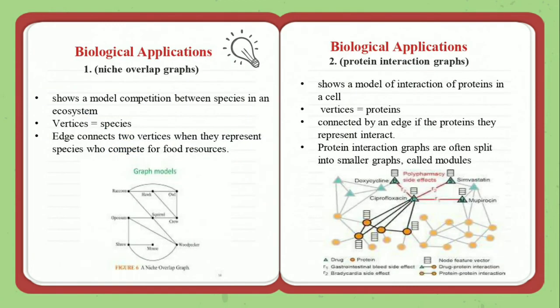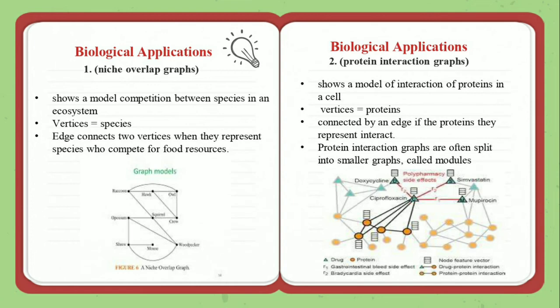Okay, so I will proceed with the next graph model, which is the biological network. In biological networks, there is a biological application called the niche overlap graph. The niche overlap graph shows a model of competition between species in an ecosystem.